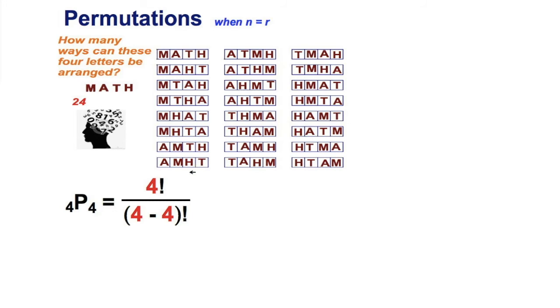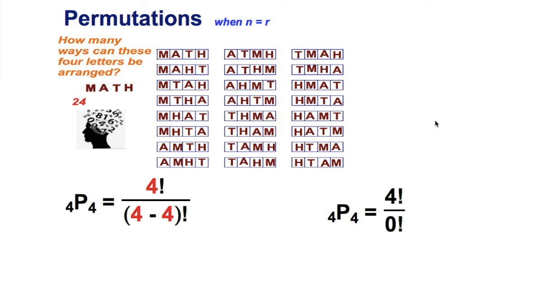Well, that's 4 factorial over (4 minus 4) factorial. And here comes the trick, because when you simplify that, you get ruh-roh. You get that 0. And you've been trained since the beginning of your mathematical career that division by 0 is undefined. You can't divide by 0.